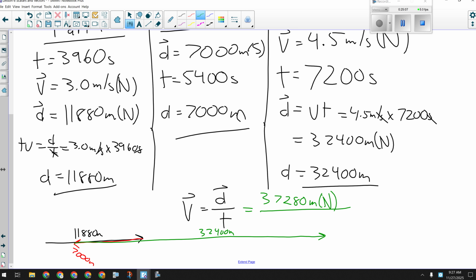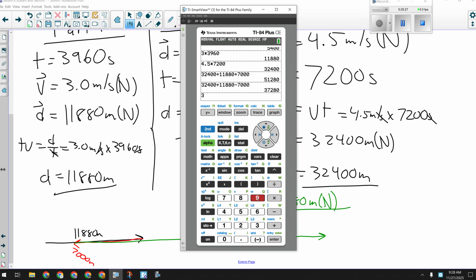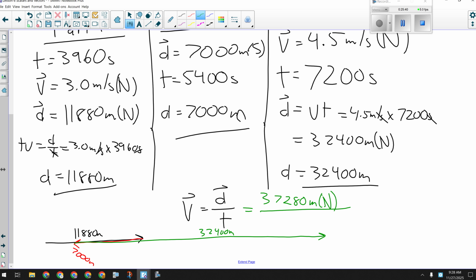Well, I got the time for all three parts: 3,960, 5,400, and 7,200. So what do I do with all those times? I want to get the total, so I add them all together. 3,960 plus 5,400 plus 7,200 is 16,560.